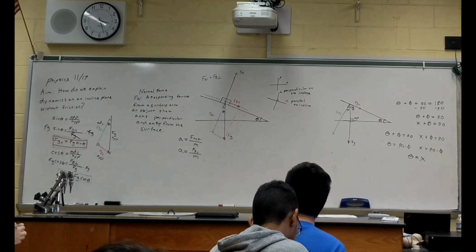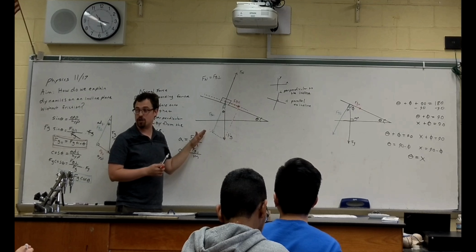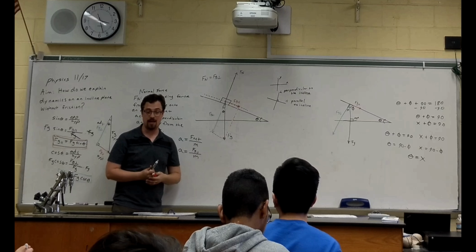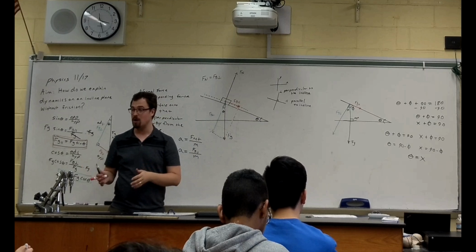Say it again? Sure. Down the incline is FG sine theta, into the incline is FG cosine theta. These are the most important things to know, because they allow us to do practical calculations. Let's say I want to figure out the normal force for this block. What is our normal force Fn in this case?